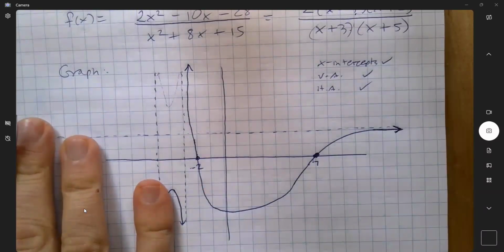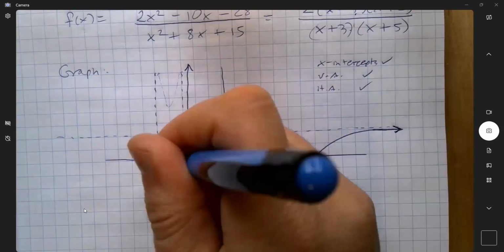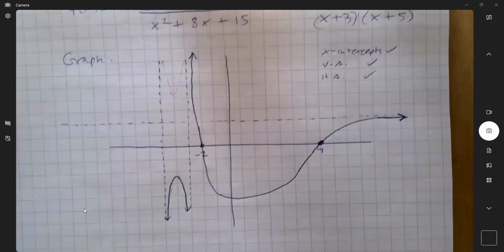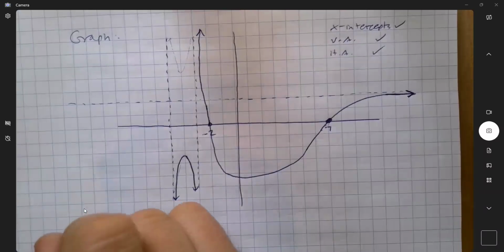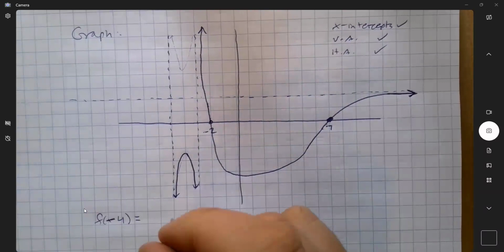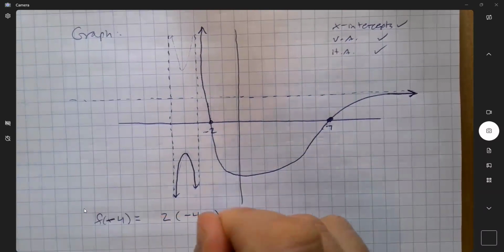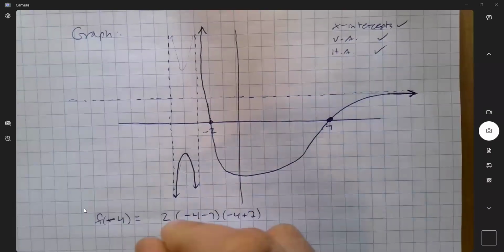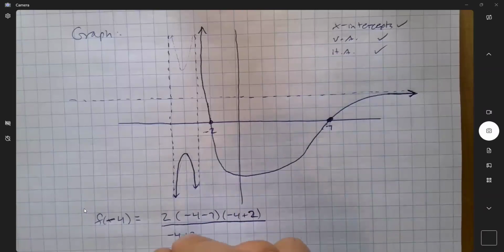The other way is to just test a point. We could test right here, x equals -4, f of -4. Let's just try it. I'm going to use the factored form. 2 times -4 minus 7 times -4 plus 2 all over -4 plus 3 times -4 plus 5.